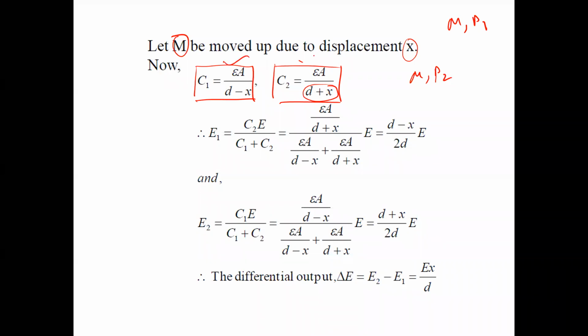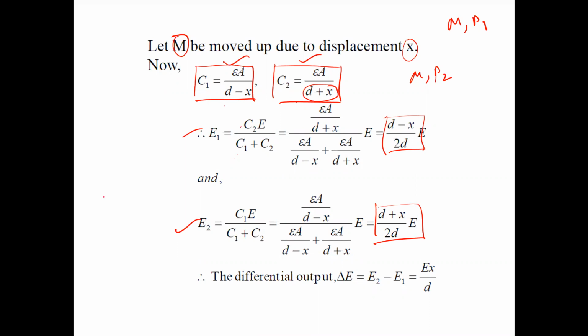Now with these expressions, the induced EMFs or developed voltages across both the capacitors, E1 and E2, can be rewritten in this form. If we put these expressions for C1 and C2, finally we'll have these two forms of the voltages E1 and E2.